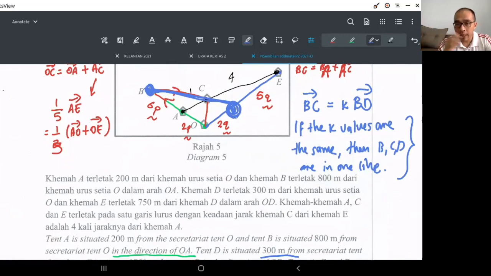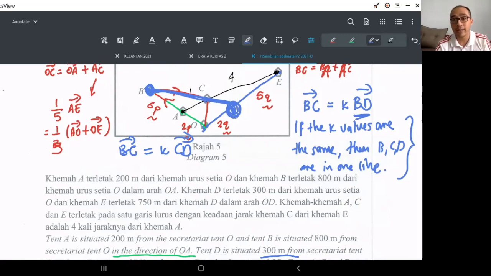Now, can I use BC equals K times CD? You can use this also, if you want. But the reason why I'm using BD is because CD is hard to calculate. If you want to go CO plus OD, you can too, but you will still get different values of K. So since the values of K are different, it is not collinear.